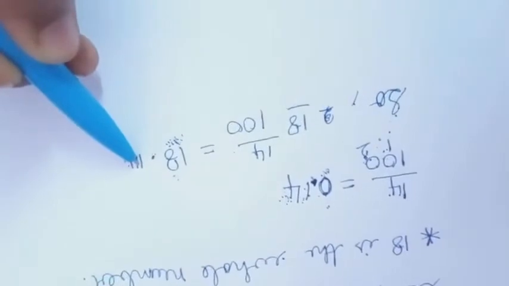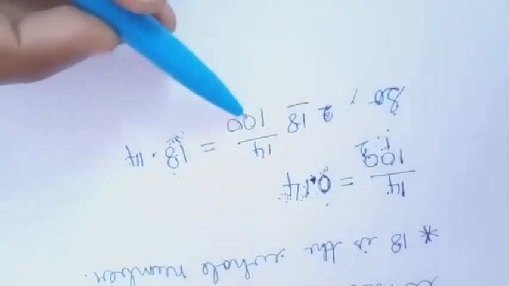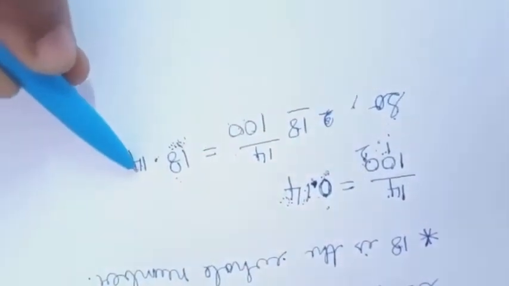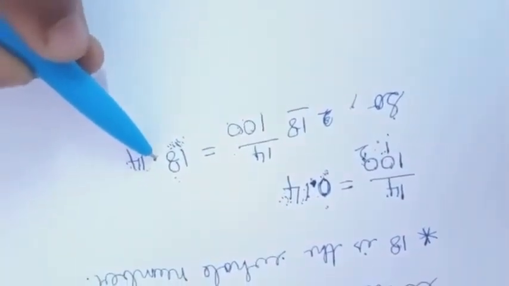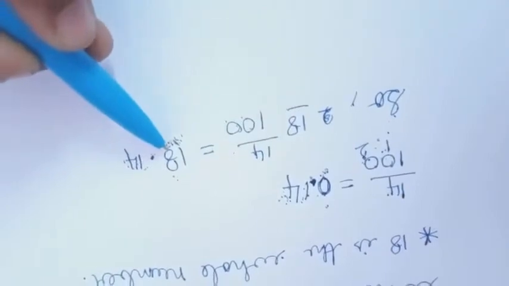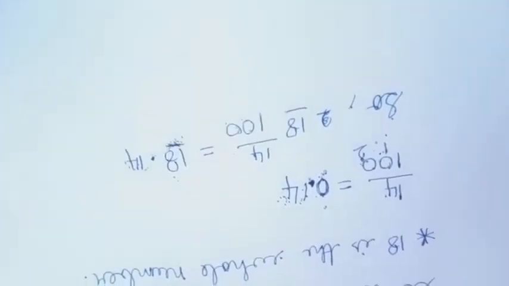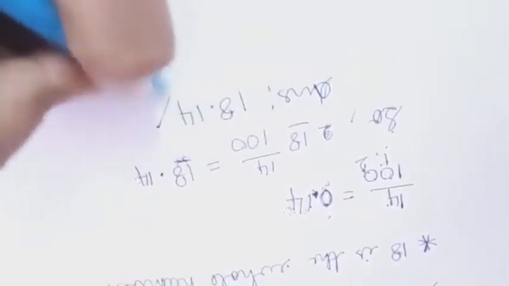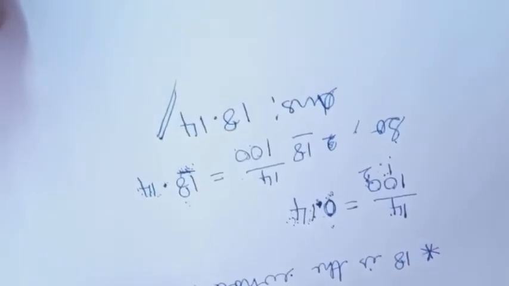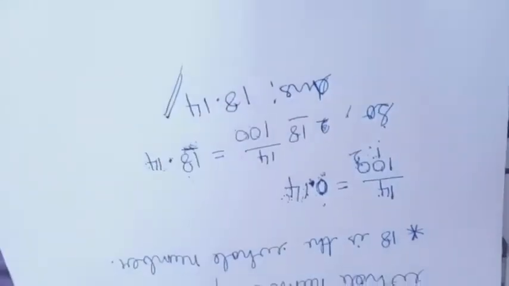After the numerator, if it is 100, we have two zeros. So count 2 times, 1, 2. After counting 2 places, we have to place the decimal point and then write the whole number as it is. So the answer will come 18.14. 18.14.